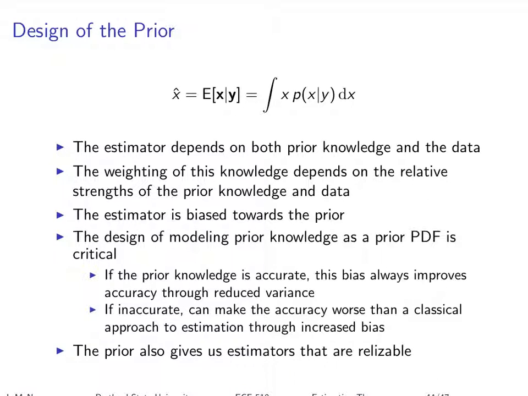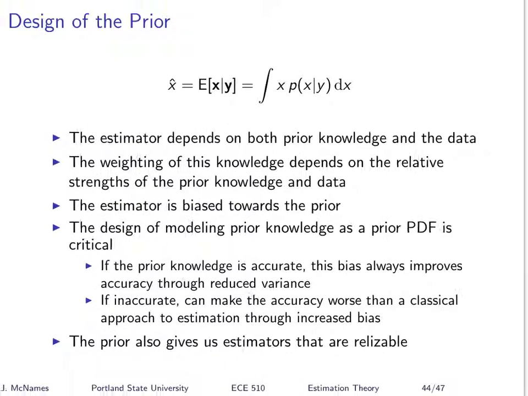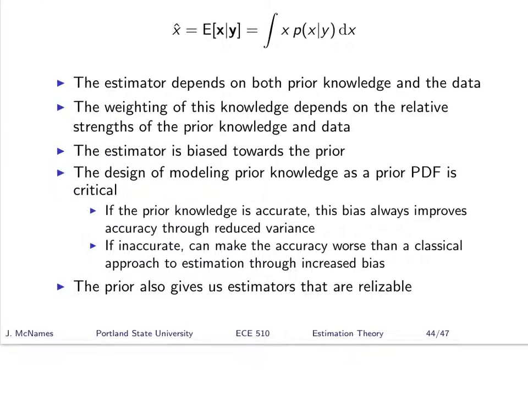The estimator will be biased towards the prior. Part of your job as engineers doing signal processing is going to be developing a good prior that represents the knowledge that you actually have about the thing that you're trying to estimate. Because we're doing state space modeling, this will often be in the form of the dynamics, to make sure that the dynamics accurately model whatever it is that you're trying to track. When you're talking about mechanical systems or physical systems, this is a little bit more straightforward.